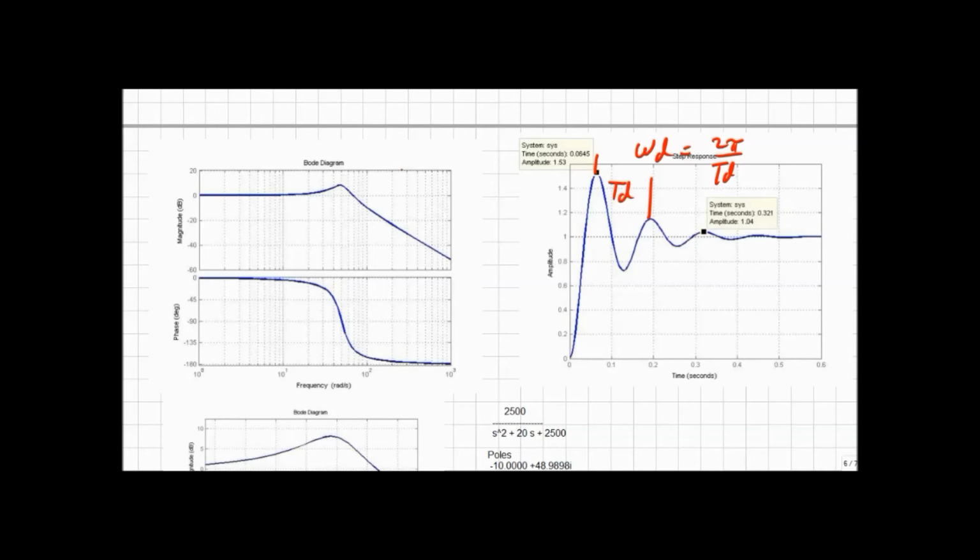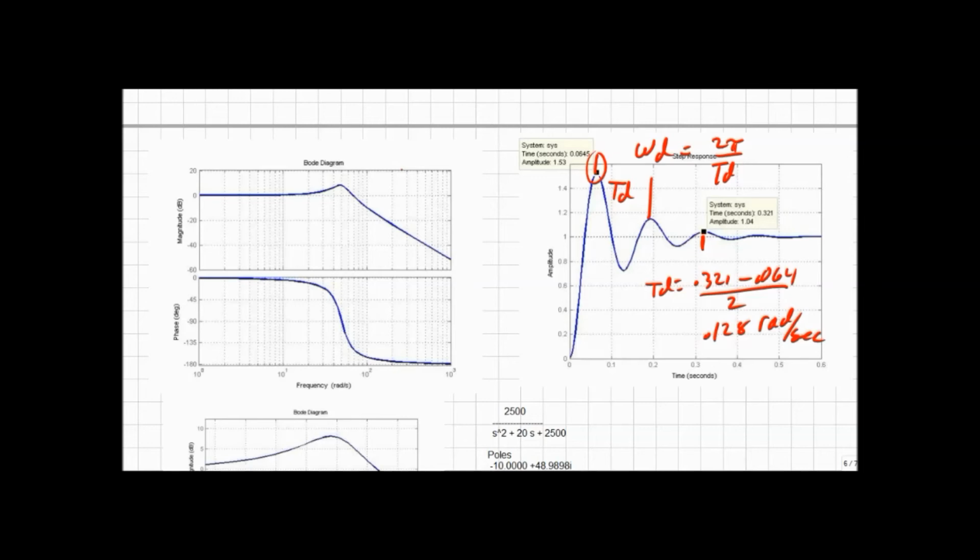In this case, Td is equal to 0.321 minus this point up here, 0.064, and I'm going to divide that by 2 because that's over 2 cycles, and that's equal to 0.128 seconds.